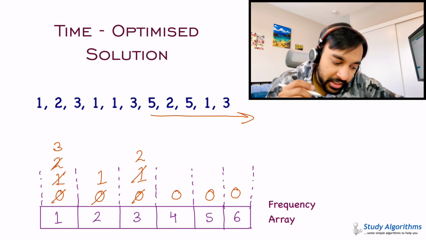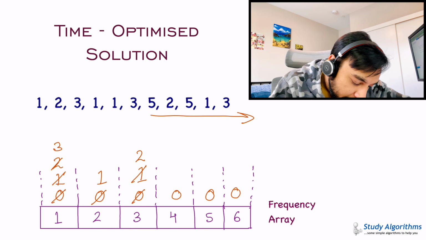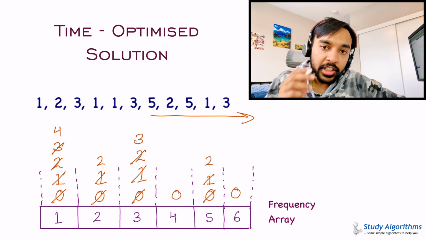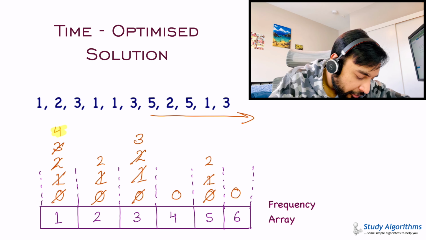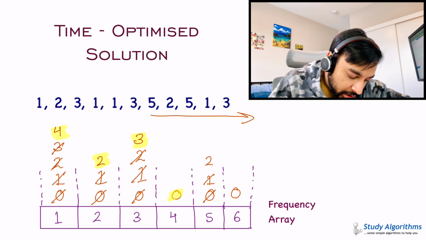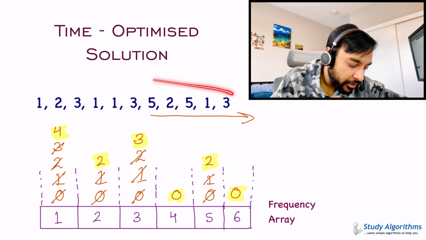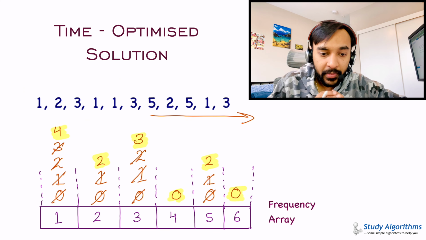Once all of this is done, it will become something like, okay, so this is my final count. I have 4 ones, 2 twos, 3 threes, 0 fours, 2 fives, and 0 sixes. And you can verify it in my original array.